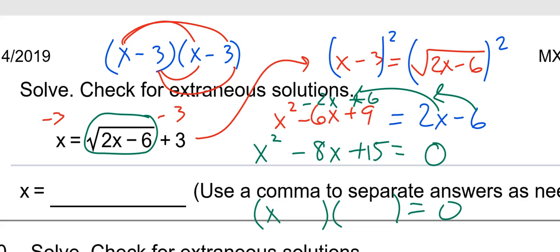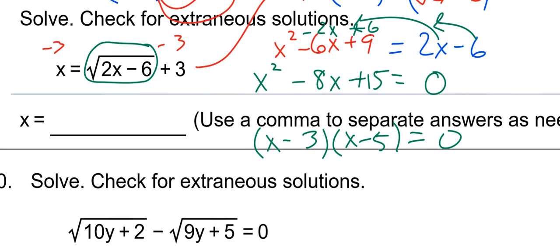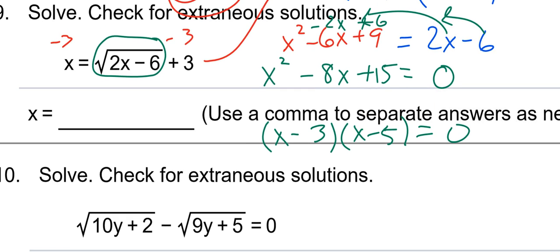So a lot of you are coming up with x minus 3 and x minus 5. If you set each one of them equal to 0. Now, I like that little trick you did over here on my right. I like how you set them equal to 0 like that.